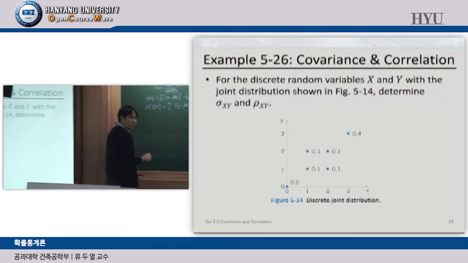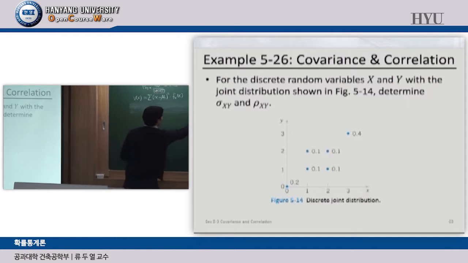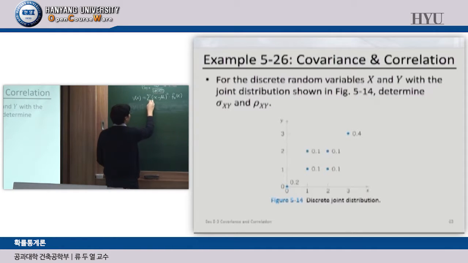This is the same formulation, okay? In this case, the marginal probability mass function is equal to the sigma over y of f xy (x, y), right?